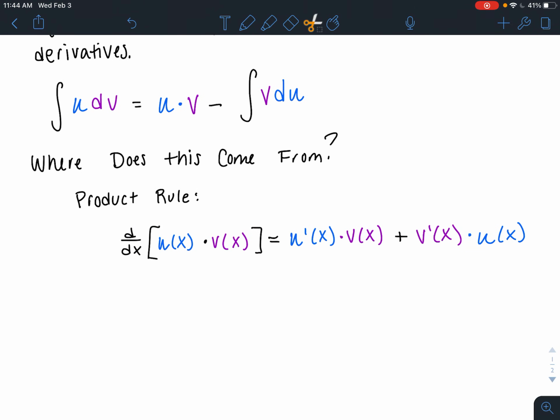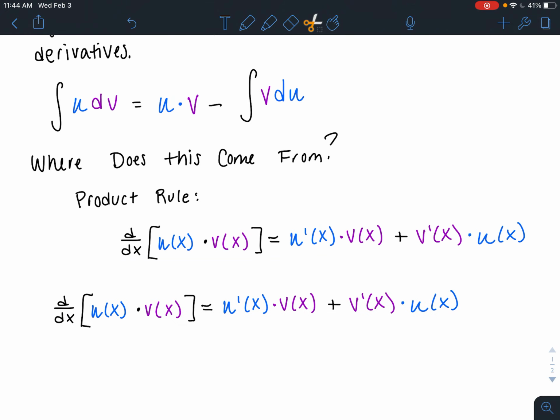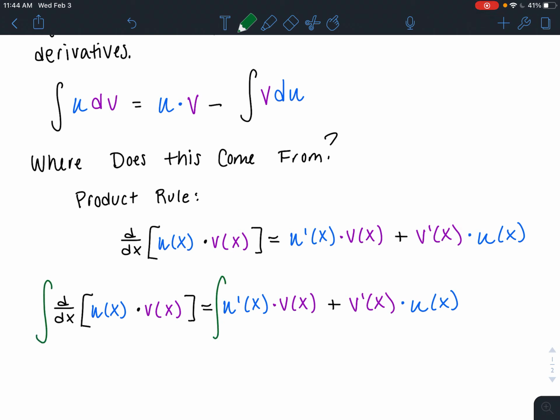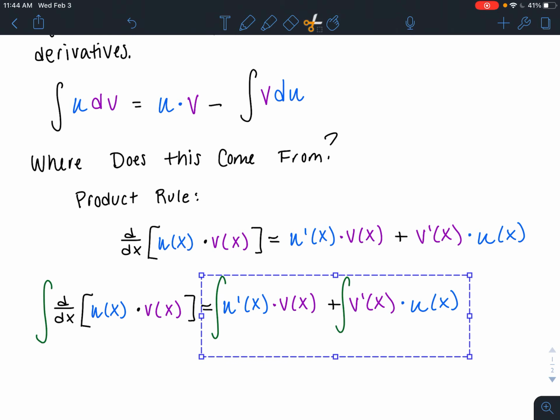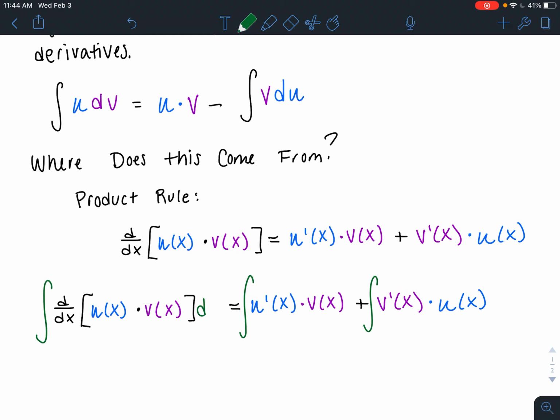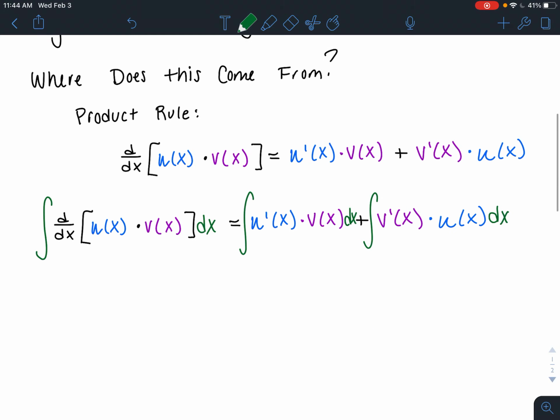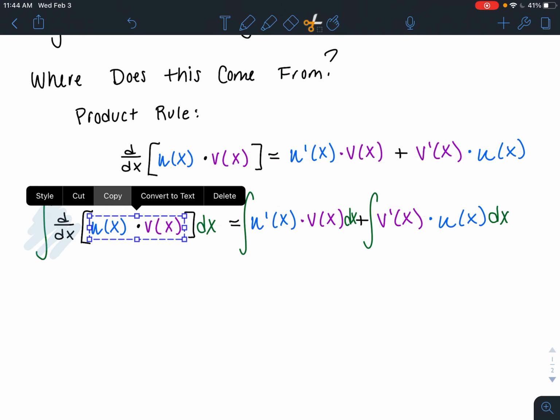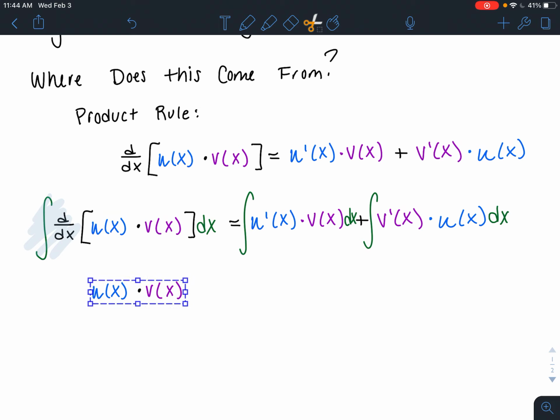Okay, so if I take my product rule, what I'm going to do is integrate the whole thing. I'm going to integrate each part of it. When I integrate things, I need to throw some dx's on the end, so I'm going to throw a dx here, here, and here. When I integrate the left-hand side, the integral and the derivative are inverses, so they just cancel each other out, and I'm going to be left with this.